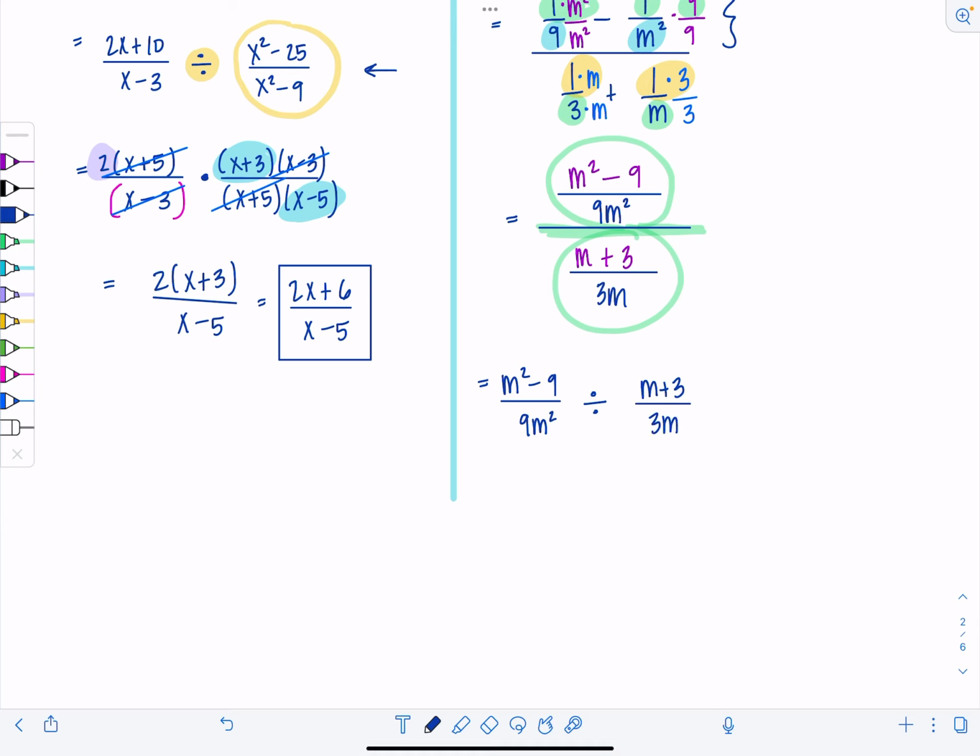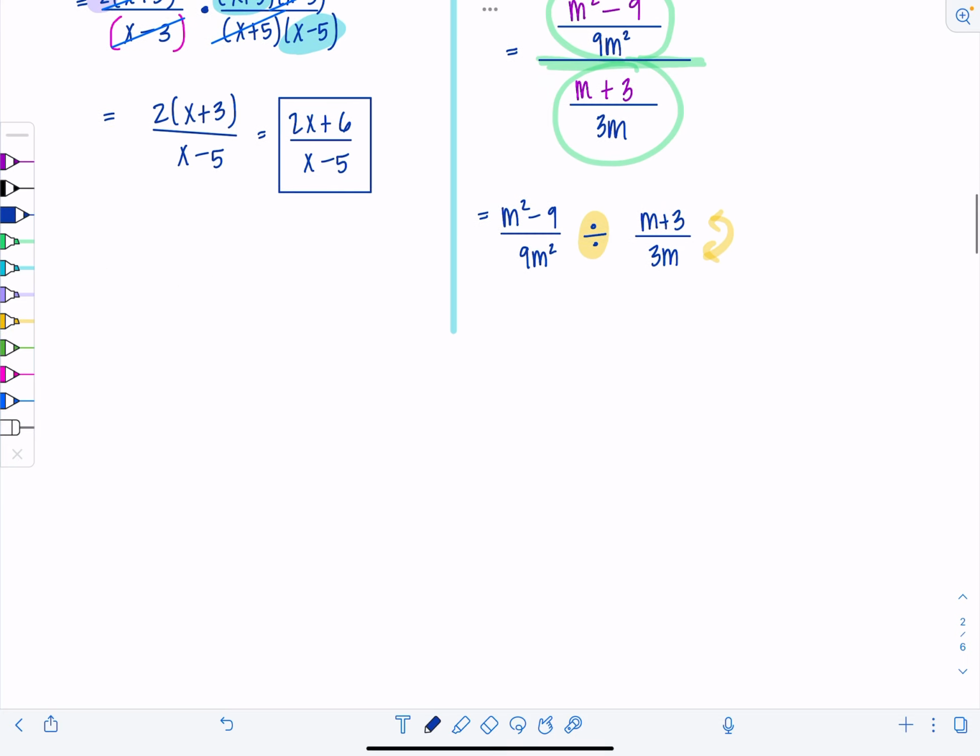And then from here, you're just going to rewrite the division as multiplication and then flip the second fraction. And at the same time, I'm going to factor everything. So m squared minus 9 factors into (m plus 3)(m minus 3), 9m squared, can't do anything with that, times 3m over (m plus 3).